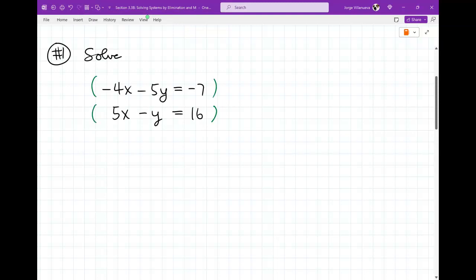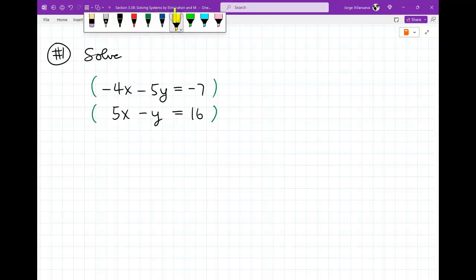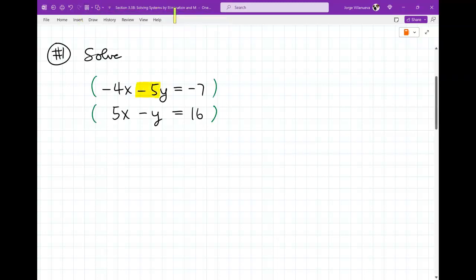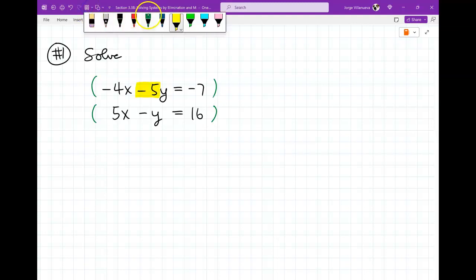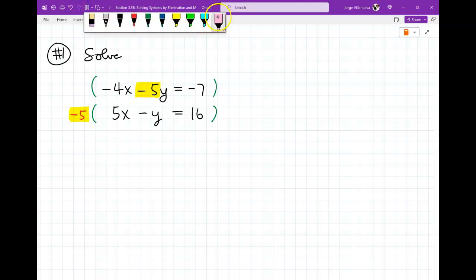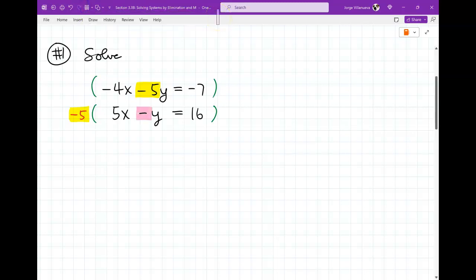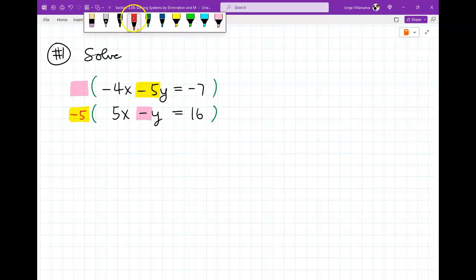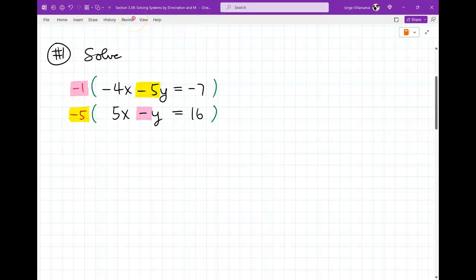I'm going to take the negative 5 right here and put it over here. I'm going to write it down, negative 5. And then I'm going to take the negative 1 and put it up here, negative 1. And I'm going to multiply, basically like a big distribution.